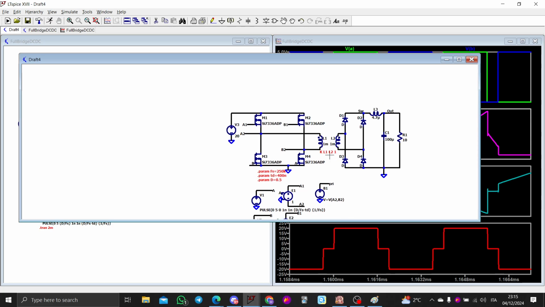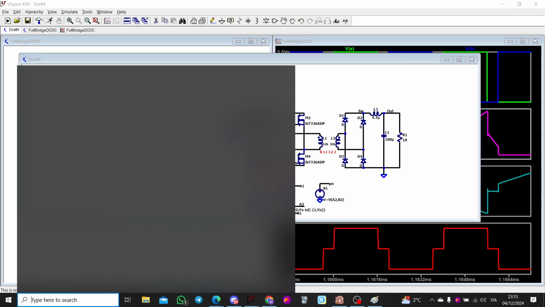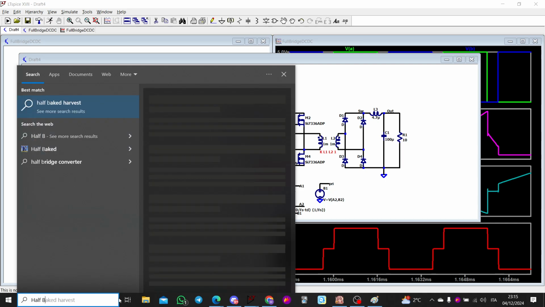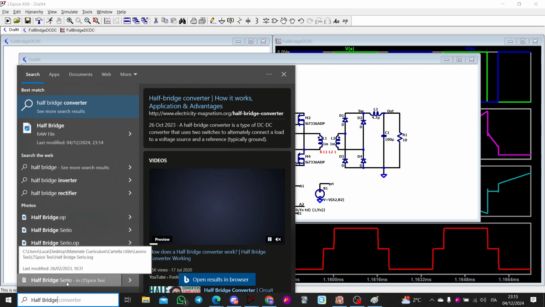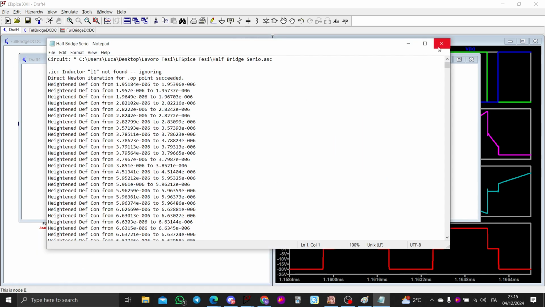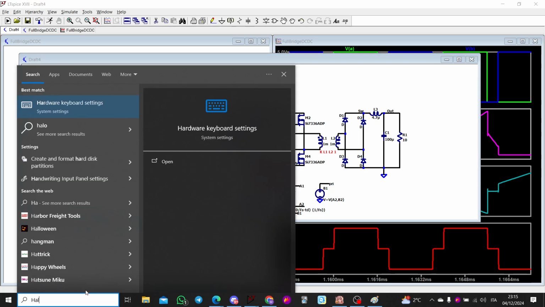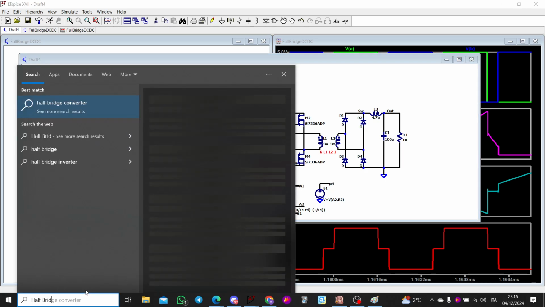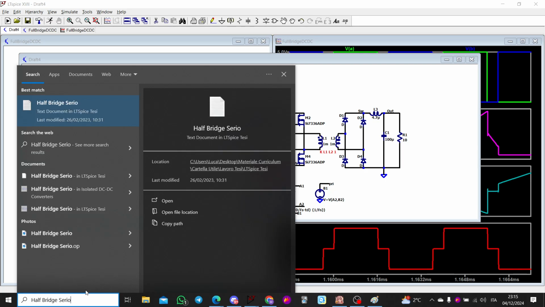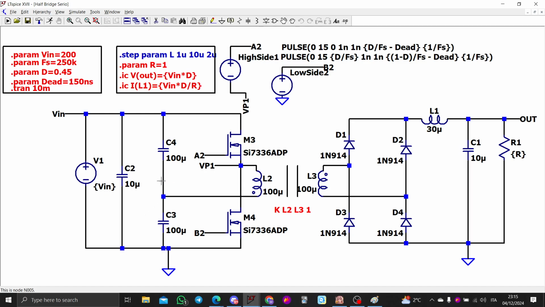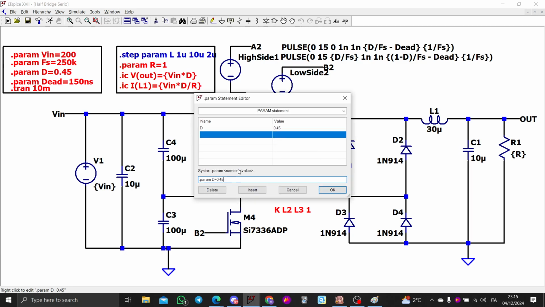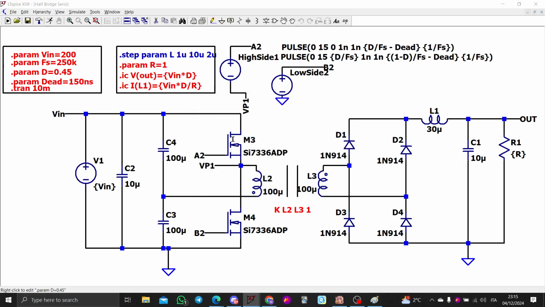Very easy. The secondary remains the same. Ah, sorry, this was the correct one. Okay, so this was the correct half bridge. Sorry, guys, I had already done it.